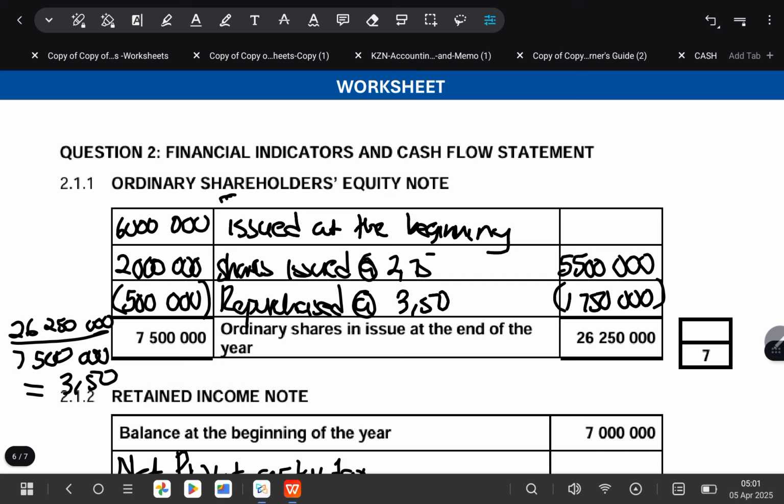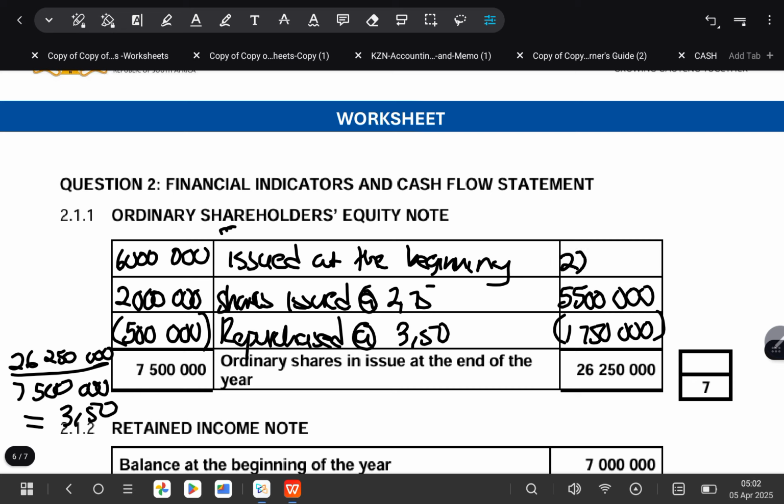So we're going to say 26,250,000 minus, then plus 1,750,000. Then we subtract 5,500,000. Then it is giving us 22,500,000. So we'd have our 22,500,000. Let me just write it properly.